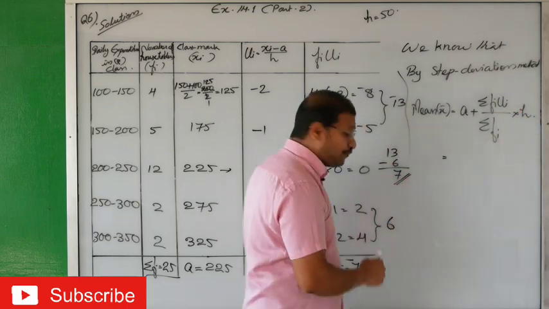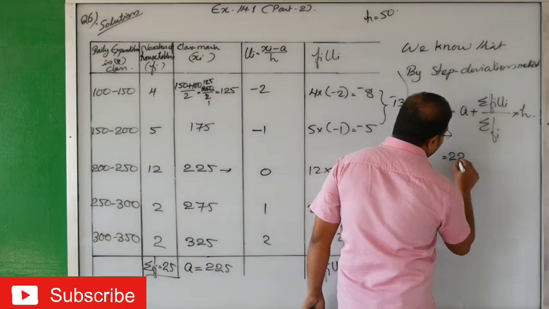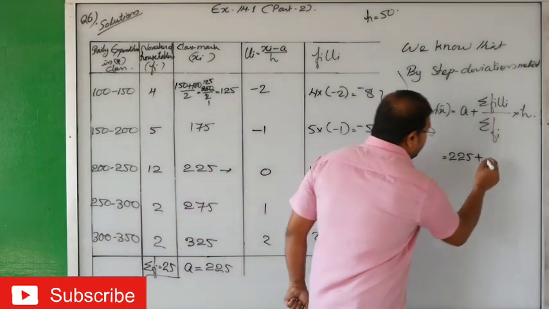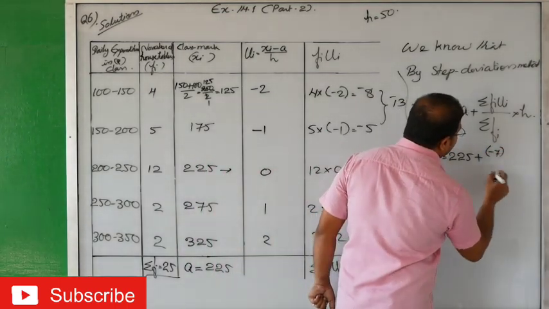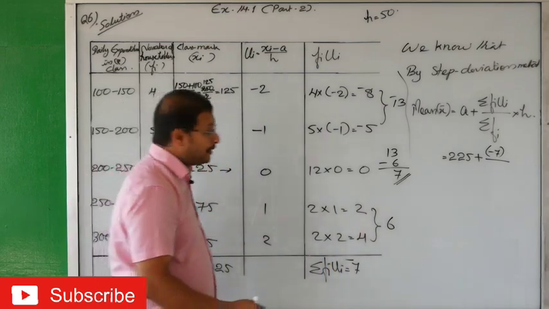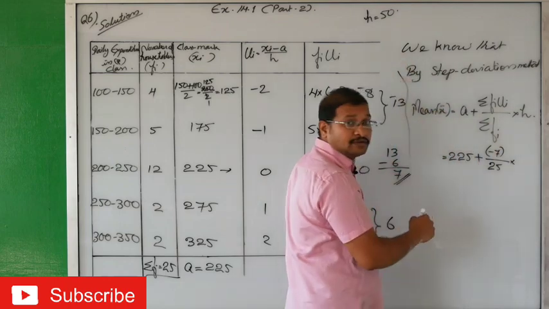What is the value of a? 225. So 225 plus sigma fi ui, we got minus 7, isn't it? Because of minus, put in bracket, minus 7 divided by sigma fi, 25, into, what is the value of h? 50.